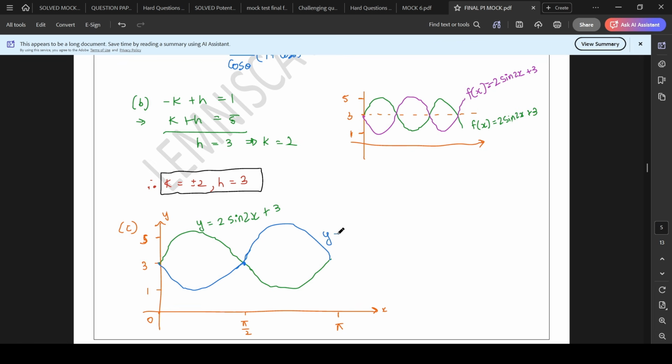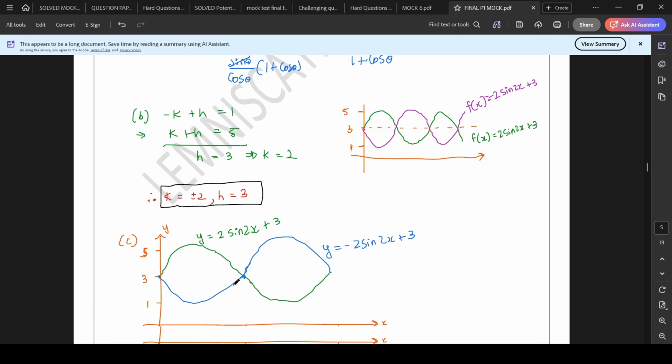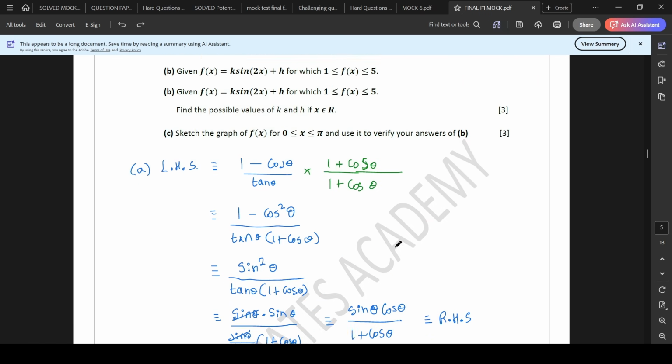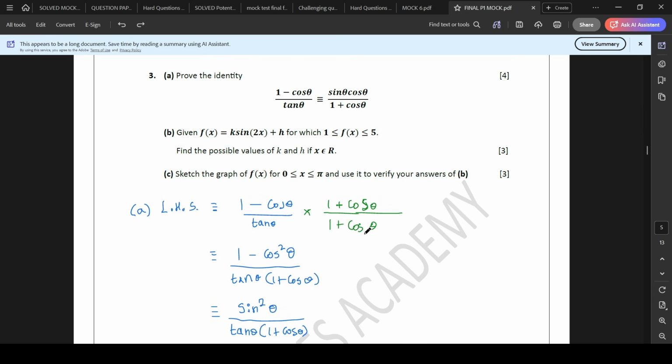So y is equals to minus 2 sine 2x plus 3. So we are having a proof and we are able to say that k is having both the values, and for both the values a function can take a minimum value of 1 and a maximum value of 5. I hope this has given you an idea of how to deal with this kind of a question.